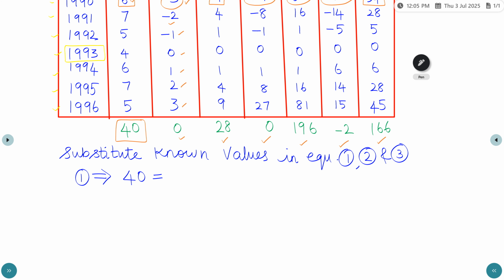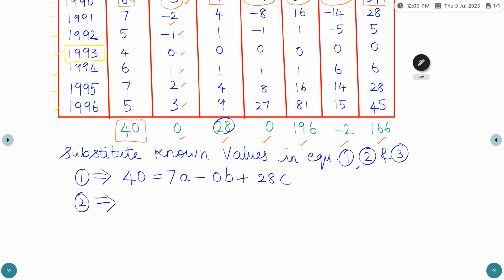N is how many data are given to you? There are 7 data. So n value is 7, 7a plus, and then summation x value is 0, 0b plus summation x squared value, that is 28, so 28c.